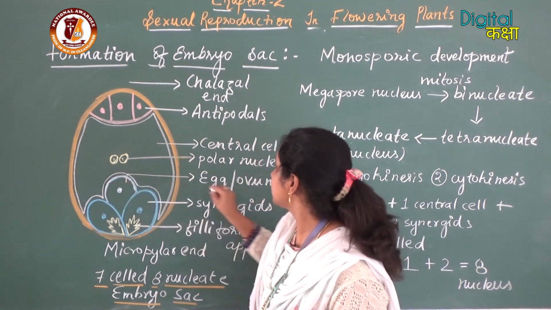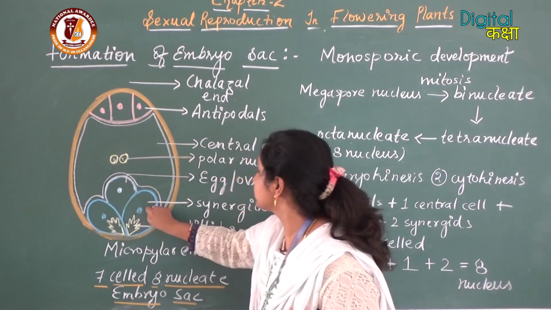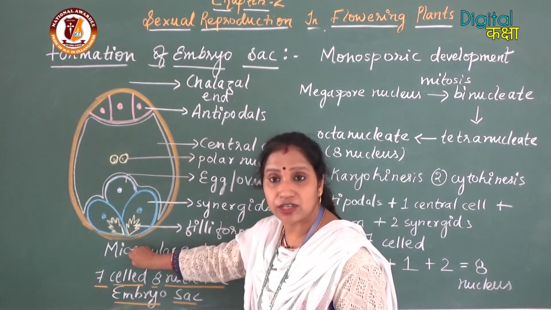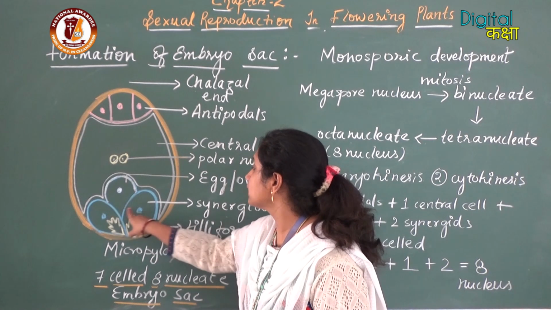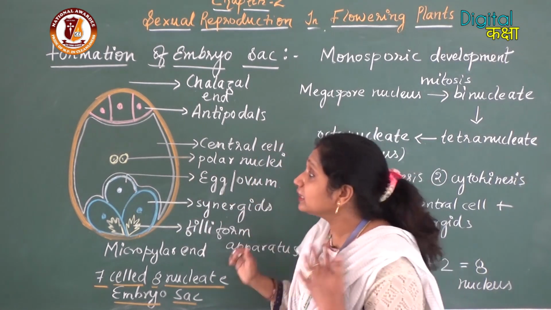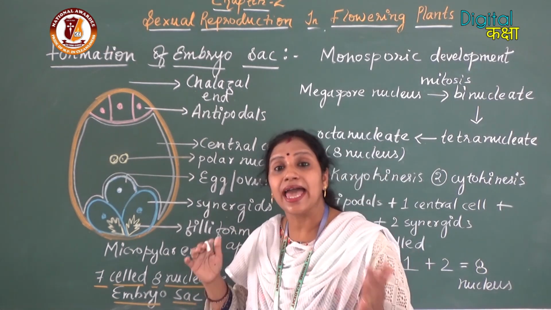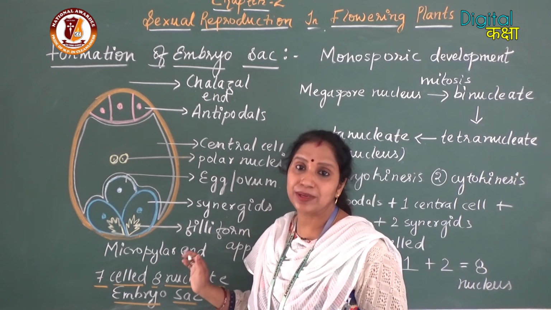The first cell, in the middle, is the ovum, and the other 2 cells are called the synergids. So towards the micropylar end 3 cells are there, 2 synergids and 1 egg or ovum. In this way the distribution of the nuclei and then the formation of the cell wall take place.